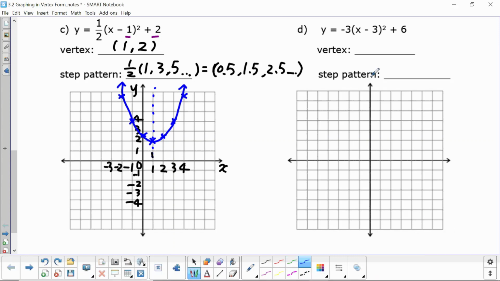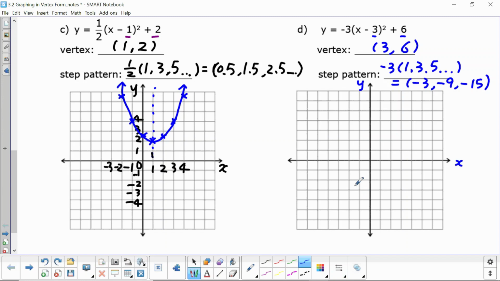Now we are going to continue with this one. The vertex (p, q) is (3, 6). The step pattern is a times 1, 3, 5, so it will be -3, -9, -15. Then with x and y, because this is 6, we count 1, 2, 3, 4, 5, 6.